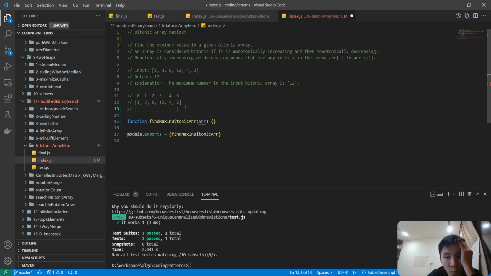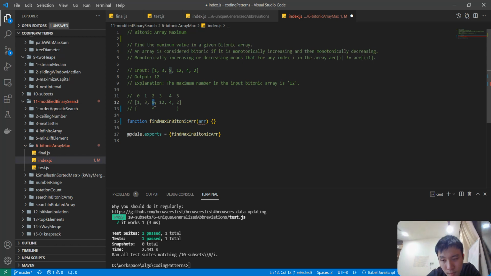So what if we find the middle number, right? The middle one in this case is, let's say, 5 here, so 5 divided by 2 is 2.5. It rounds down to 2, so here will be the middle one, right?